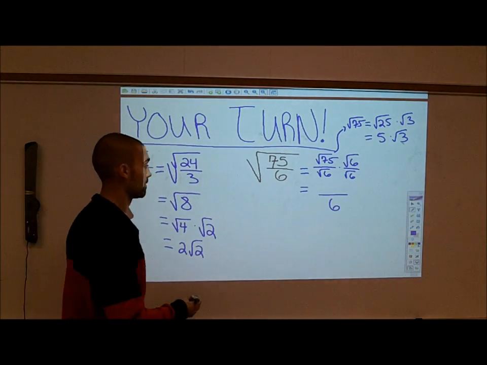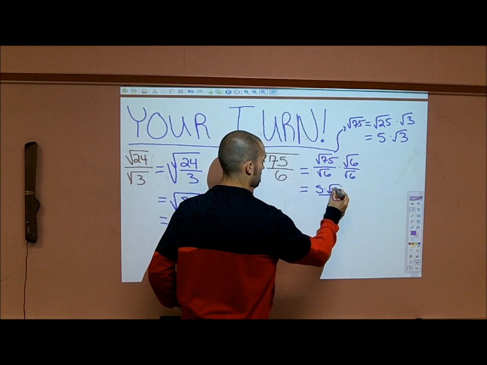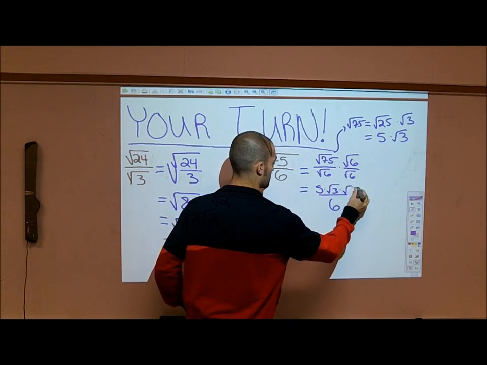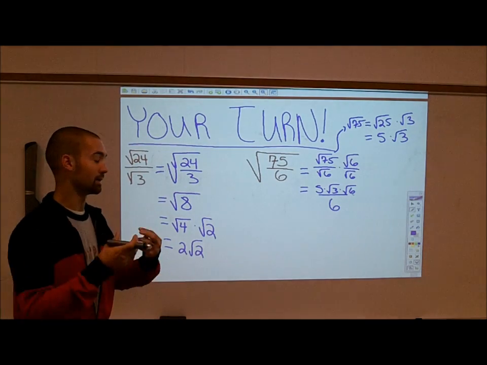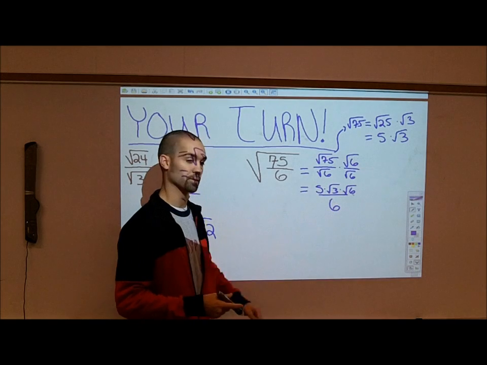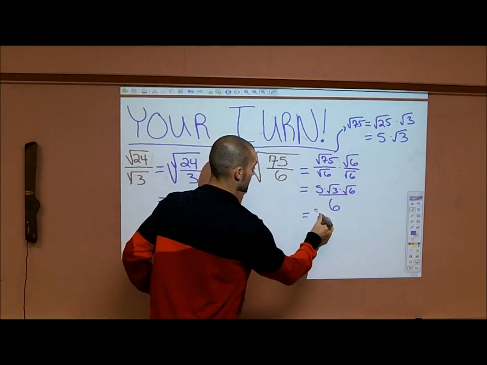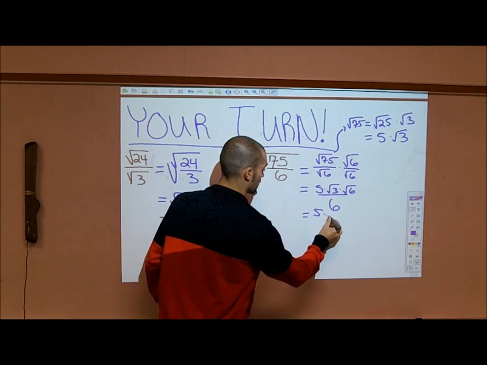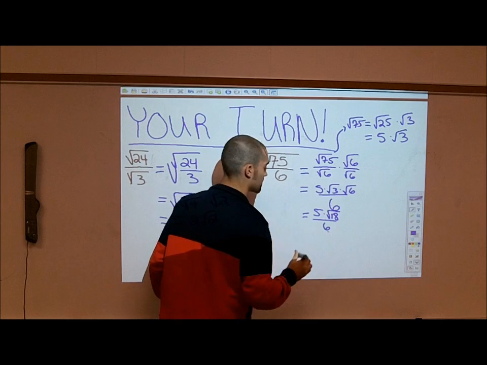So now we have in the numerator 5 times the square root of 3 times the square root of 6. Okay? Again, we can only combine outside numbers with each other and radicals with each other. So square root of 3 times the square root of 6 is equal to the square root of 18. This is over 6.